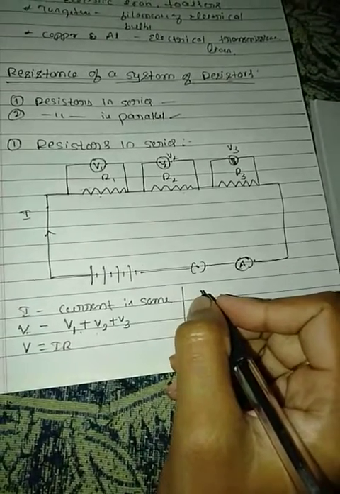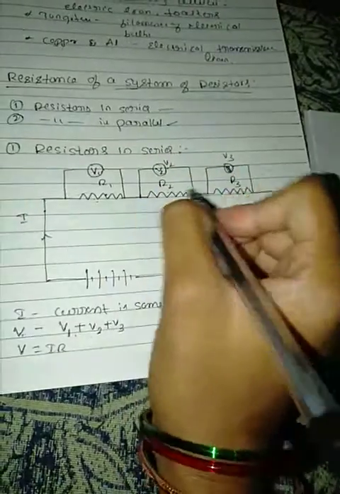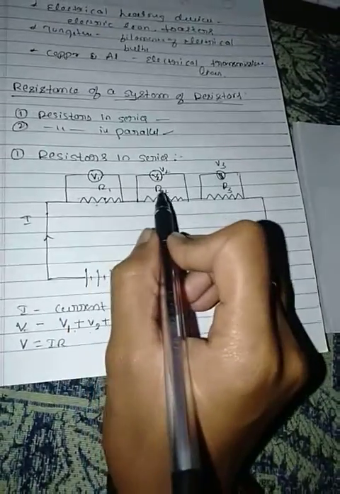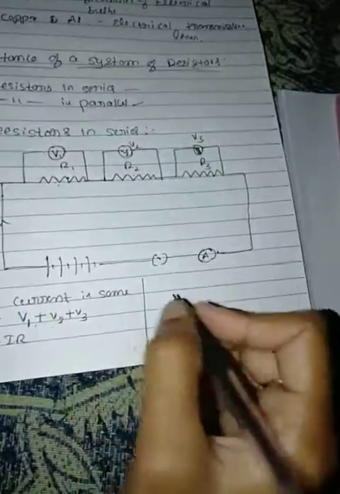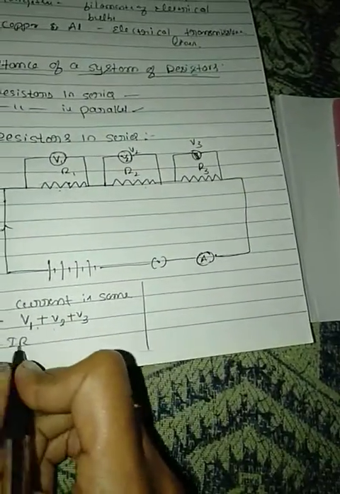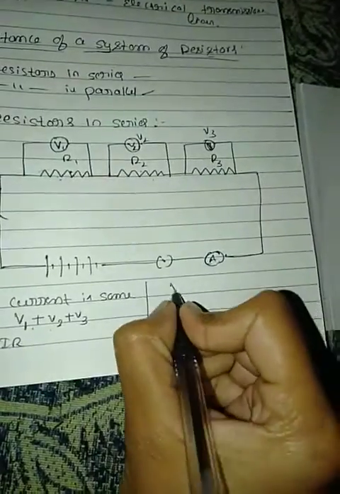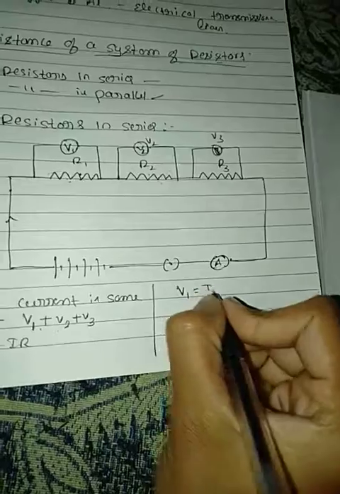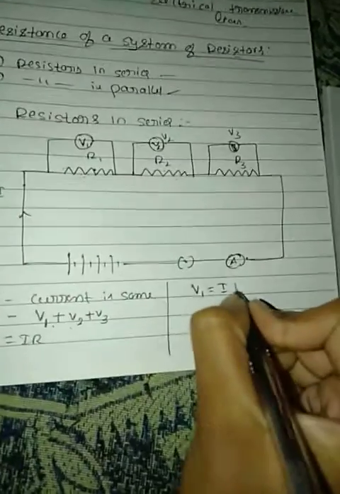See here, if you apply Ohm's law to the three resistors separately. For the first resistor, we know that V is equal to IR. Here V1 is equal to I R1, where the potential difference is V1, current is the same and resistance is R1.